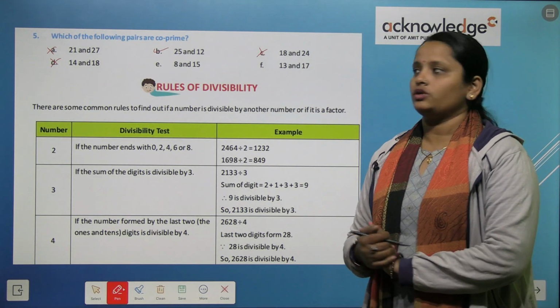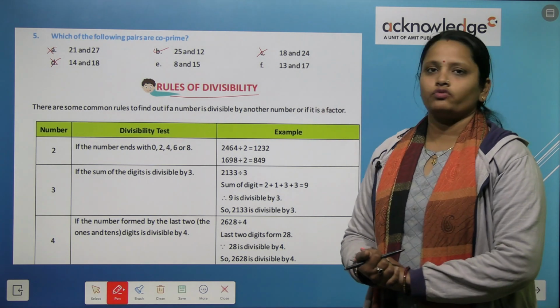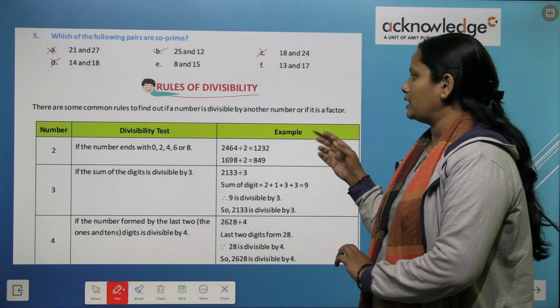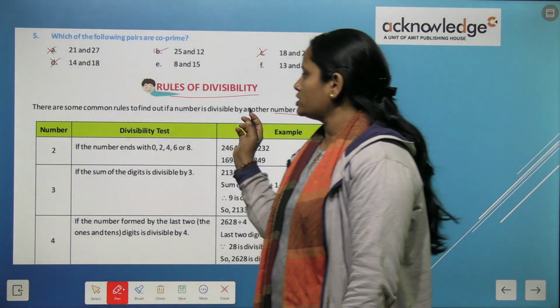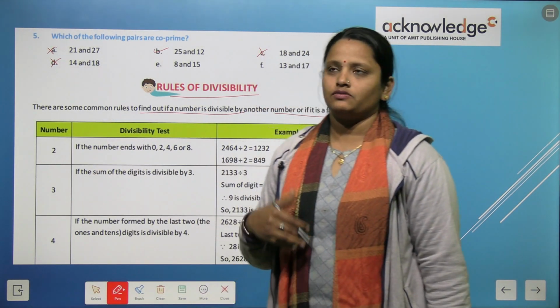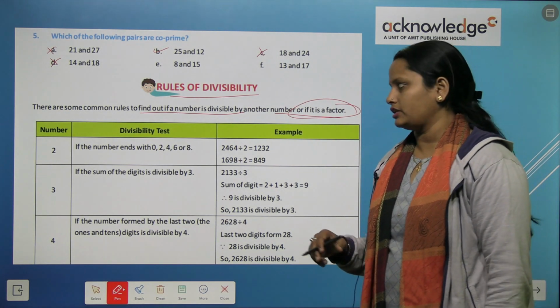Now let's learn the rule of divisibility. There are some common rules to find out the number is divisible by another number or if it has a factor. So कुछ rules हैं जिससे पता चलता है कि कोई नंबर किसी से divisible है या नहीं या कौन सा किसका factor है.